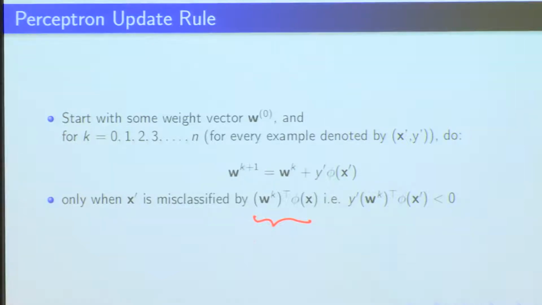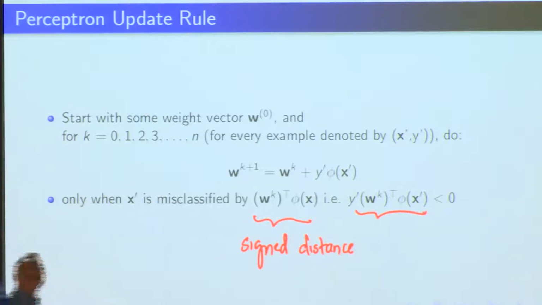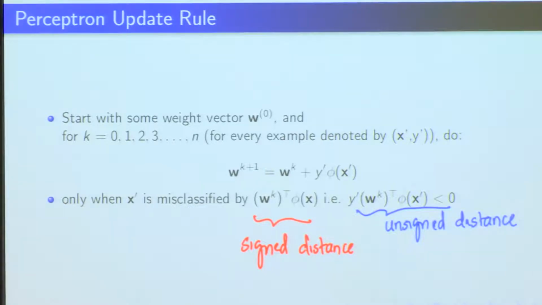So this W transpose phi x is called the signed distance. And if you multiply it by y, you expect it to be unsigned, and that's called the unsigned distance. And we have trouble when the unsigned distance is signed, right?